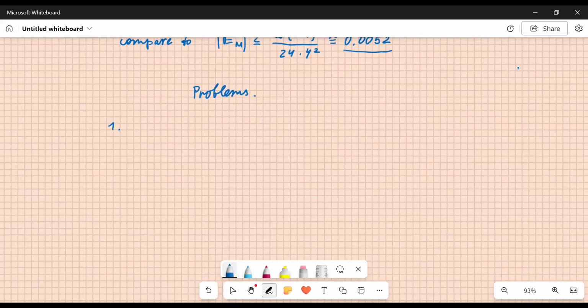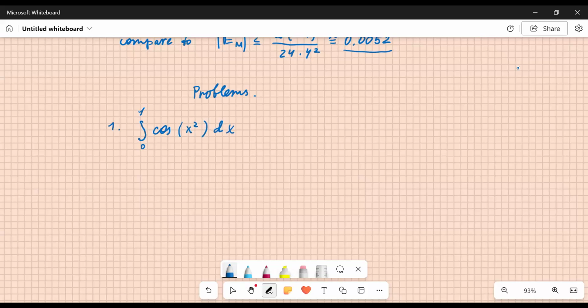Problem number 1. I wanted something about the integral from 0 to 1 of cosine of x squared dx.